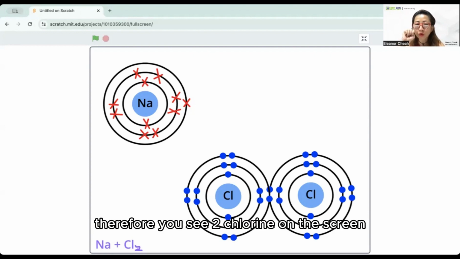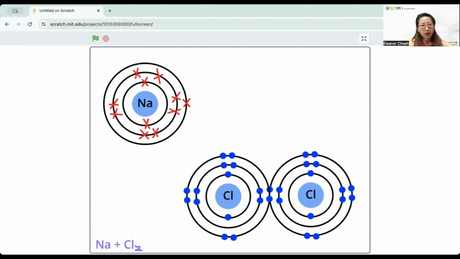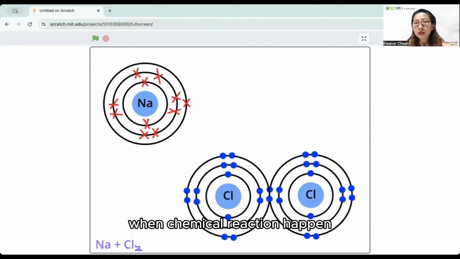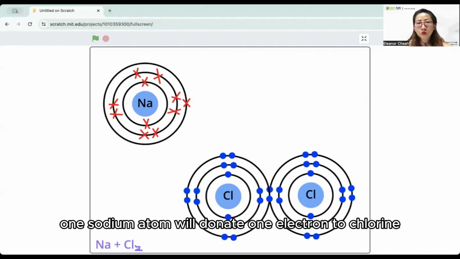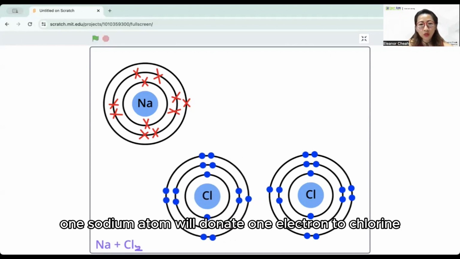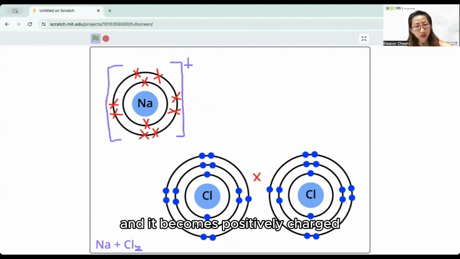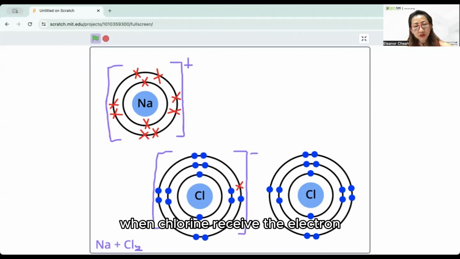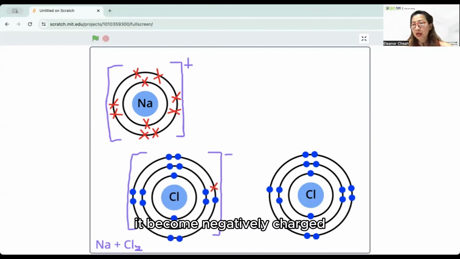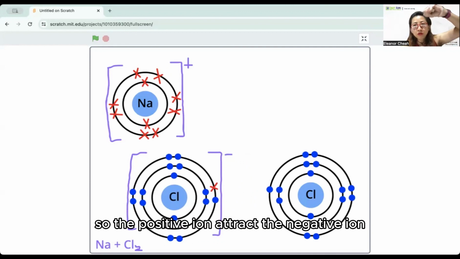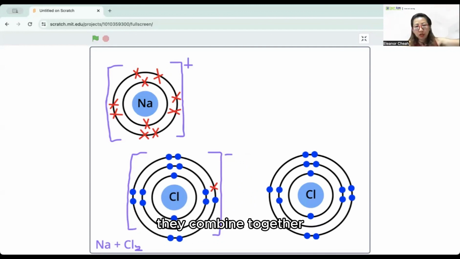Therefore, you see 2 chlorine on the screen. When the chemical reaction happens, that 1 sodium atom will donate 1 electron to chlorine and it becomes positively charged. When chlorine receives that electron, it becomes negatively charged. So the positive ion attracts the negative ion, and they combine together.